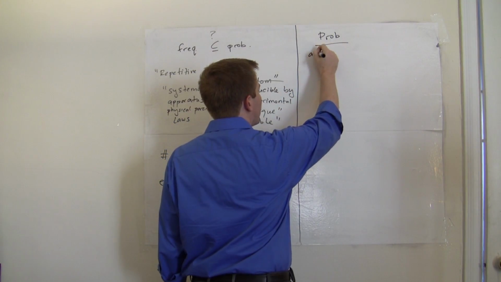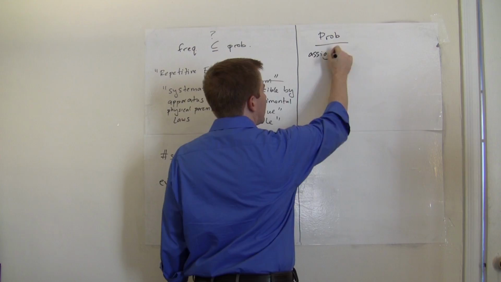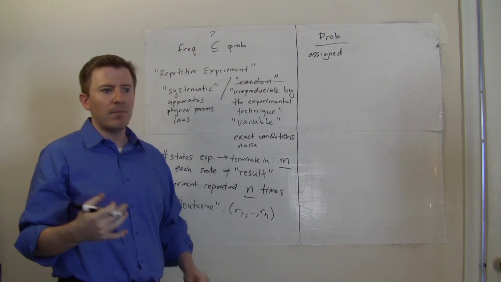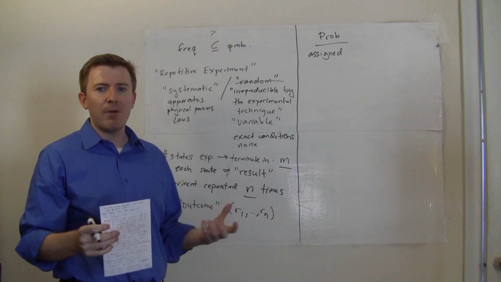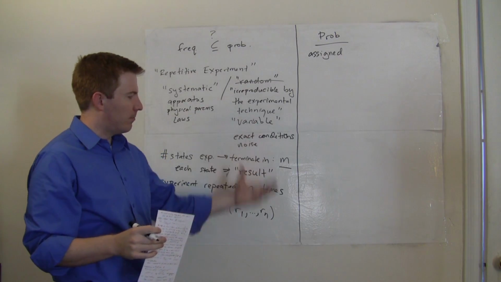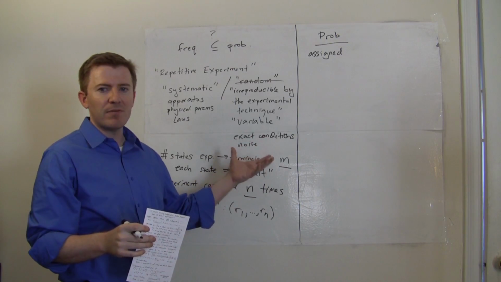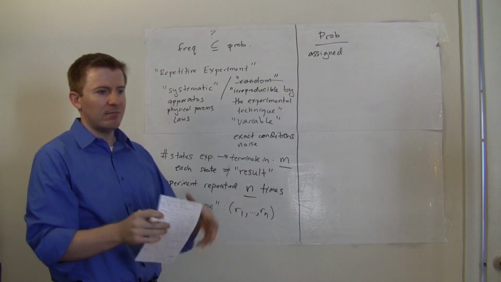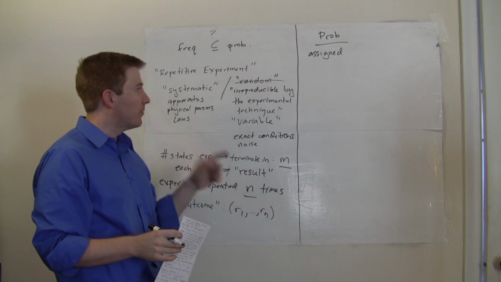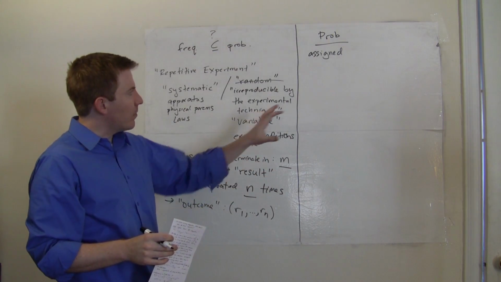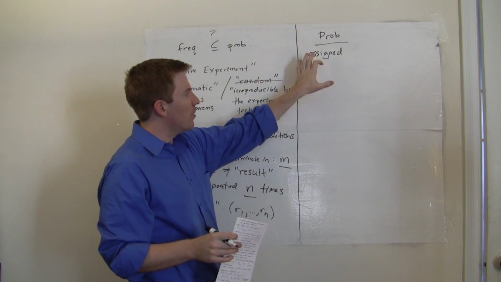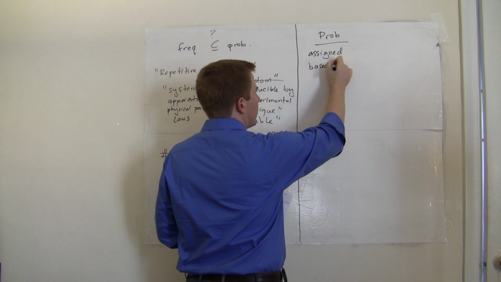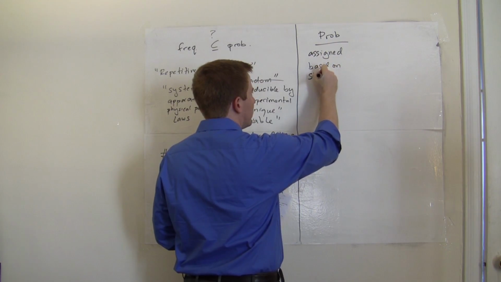These are numbers that we come up with based on conditioning on some background information or some working hypotheses about the mechanism of this experiment and what kinds of outcomes we might get. We can ask that question in many different ways, and we'll see some of them today. But the point is that the numbers we come up with are assigned, and based on our state of knowledge.